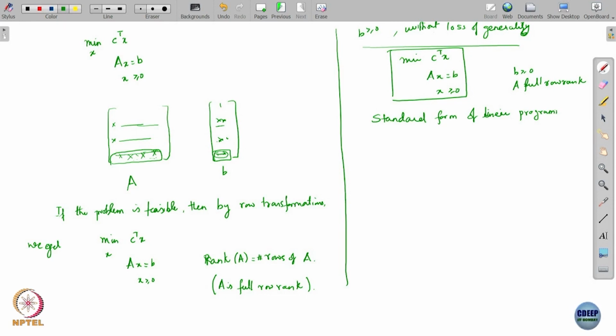Now, why care? Why do all this? The reason is that once you have a standard form, standardization like this helps in creation of technology on top of it. Once you have a standard form, people can create methods for solving problems of that particular form.